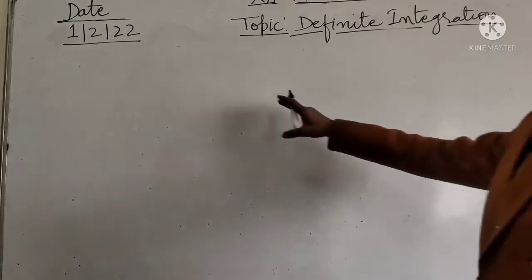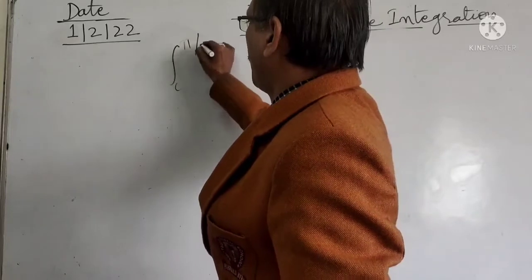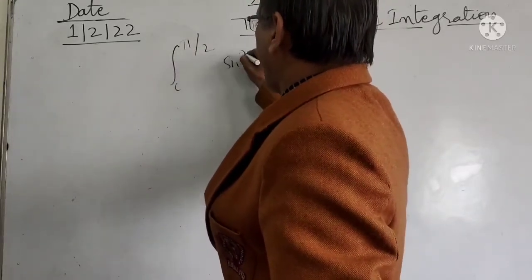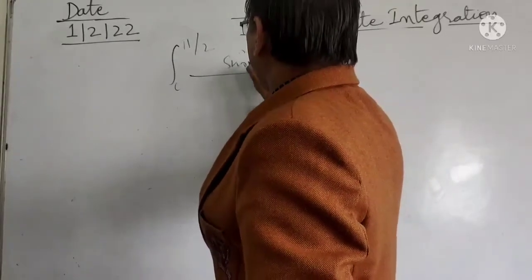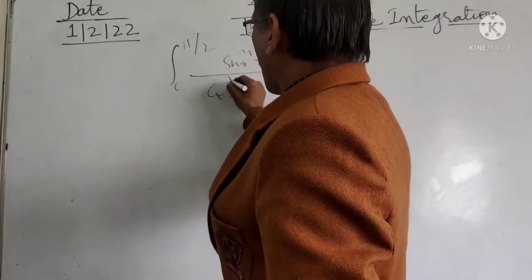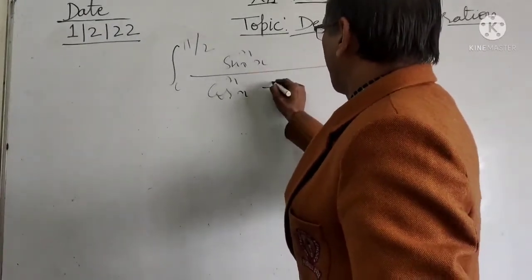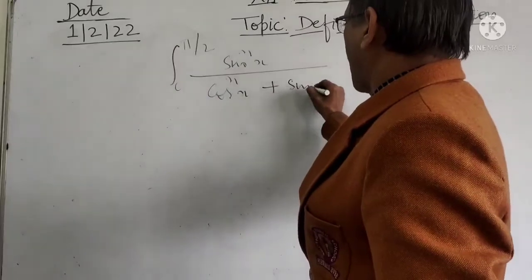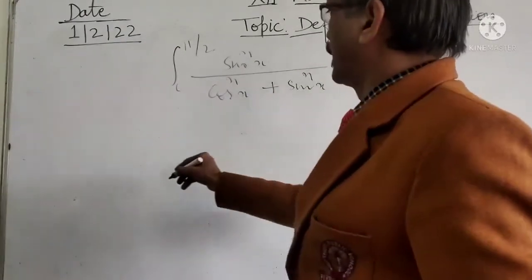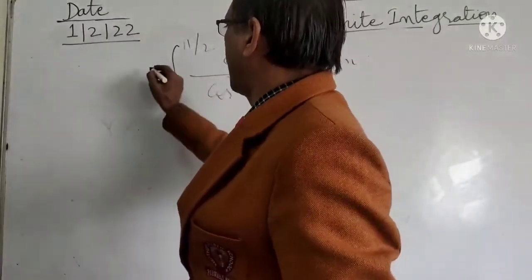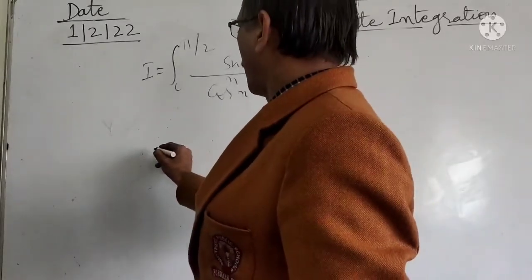Now the next question is the integration from 0 to pi by 2 of sin power n x upon cos power n x plus sin power n x dx. Let this integration be I. We have to find the value of this integration.